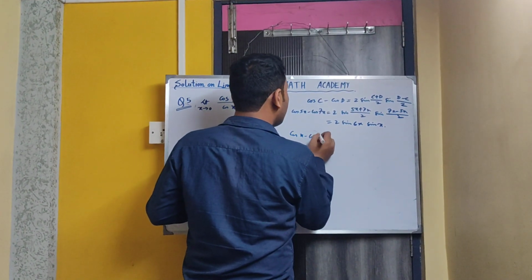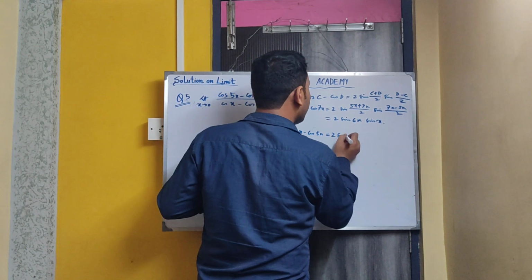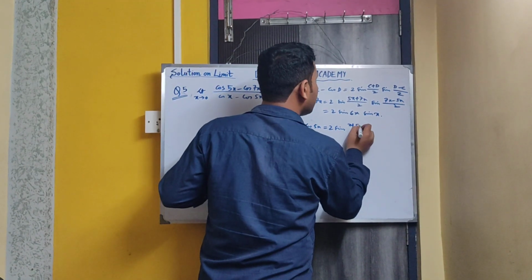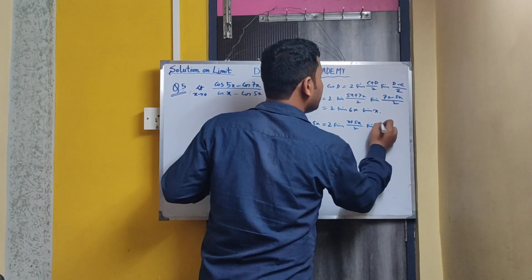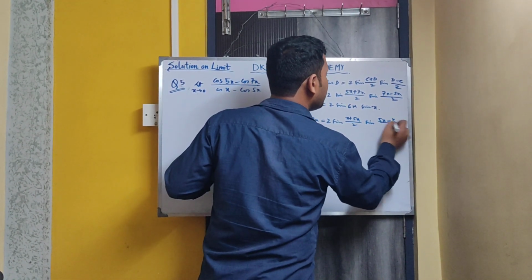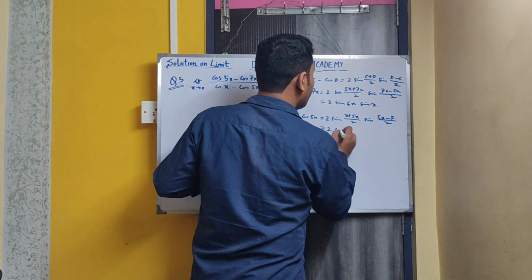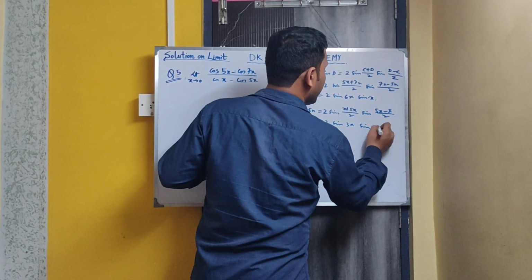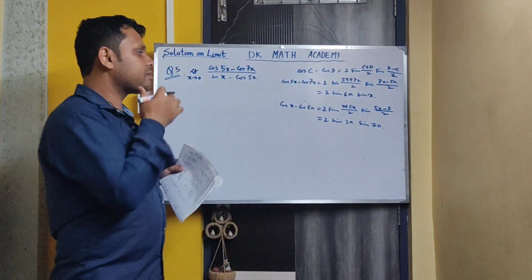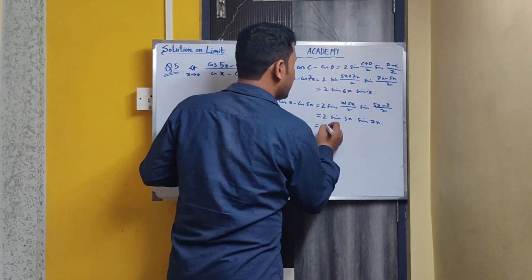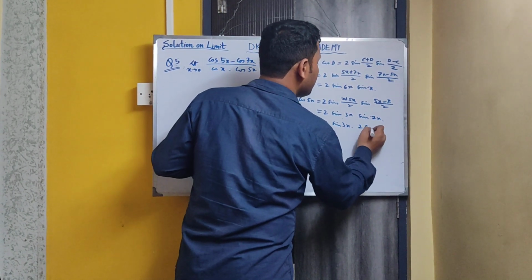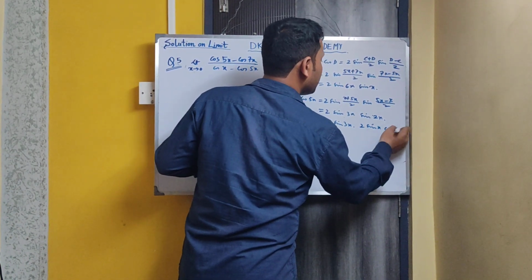Now cos x minus cos 5x, this is 2 sin c plus d by 2 sin d minus c by 2. That means 2 sin 3x into sin 2x. This is here 2 sin 3x into 2 sin x cos x.